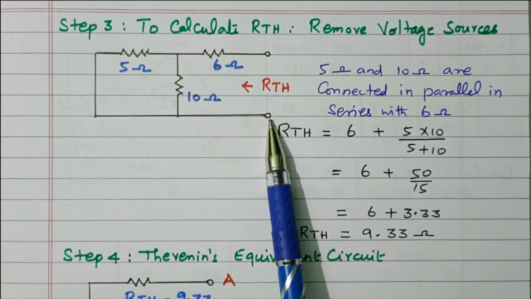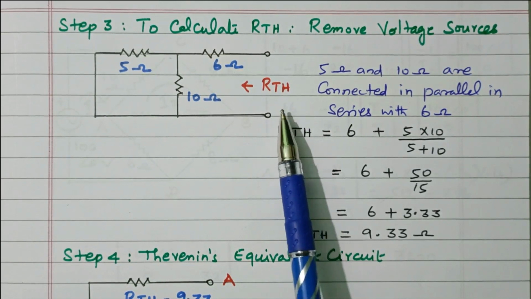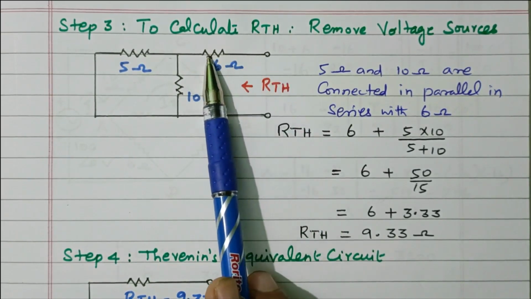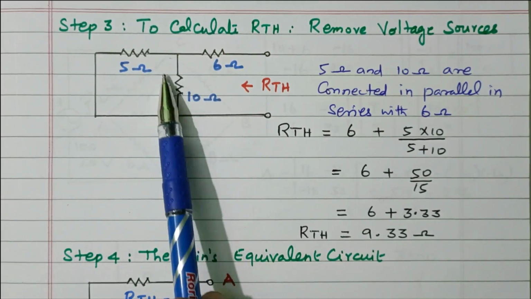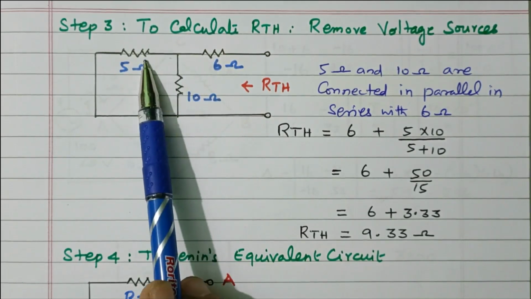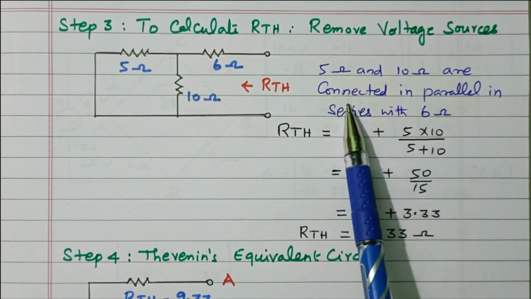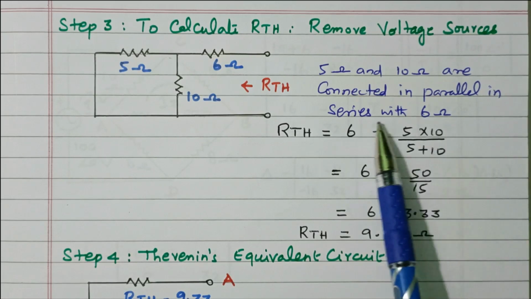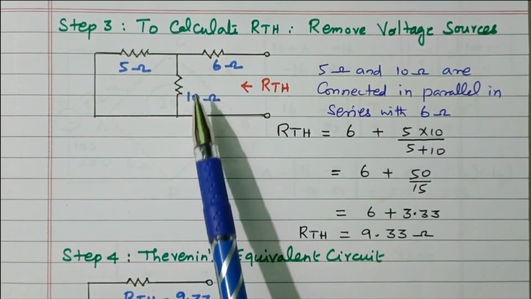The resistance across AB is nothing but R Thevenin. RAB is the R Thevenin. So while referring from this side, the current is flowing and is diverted here, across 5 ohm and 10 ohm. That means these two are connected in parallel. 5 ohm and 10 ohm are connected in parallel, and that is in series with the 6 ohm. This parallel combination is in series with 6 ohm.